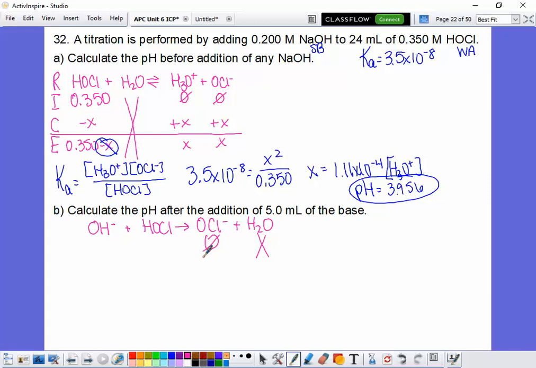I need to know the volume and concentration for each of those. Do I know the volume and concentration for each? Yes. We have 5 milliliters of OH minus, and it's 0.2 molar. We have 24 milliliters of HOCl, and it's 0.35 molar. So we need to calculate the moles of each one. 5 milliliters is the same as 0.005 liters. Times 0.2 is 0.001 moles.